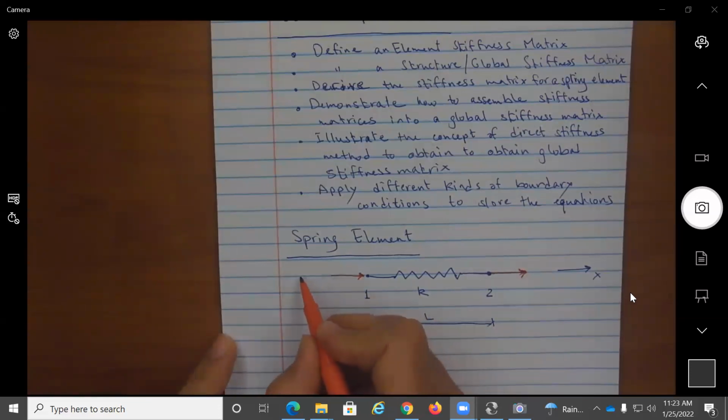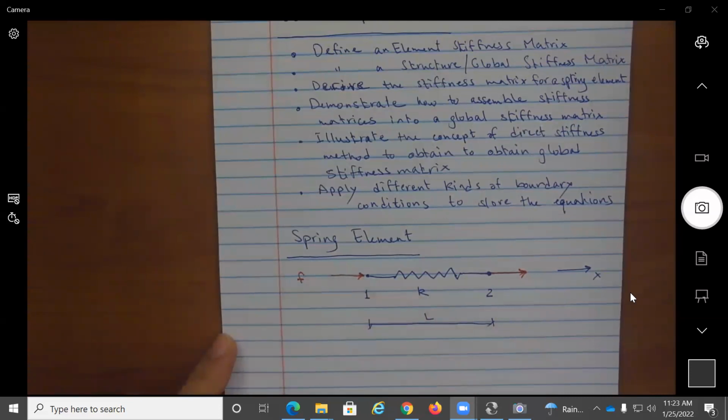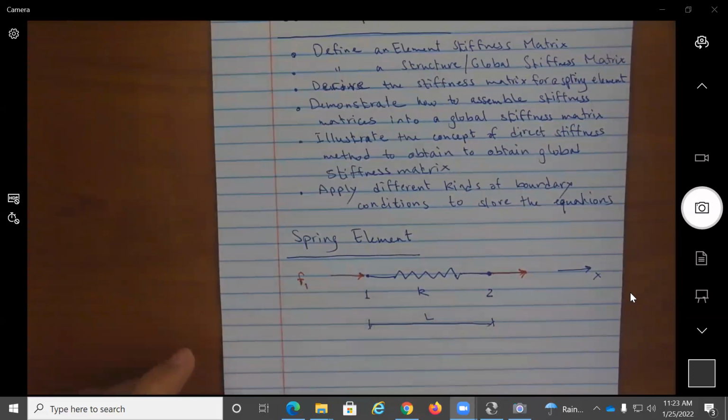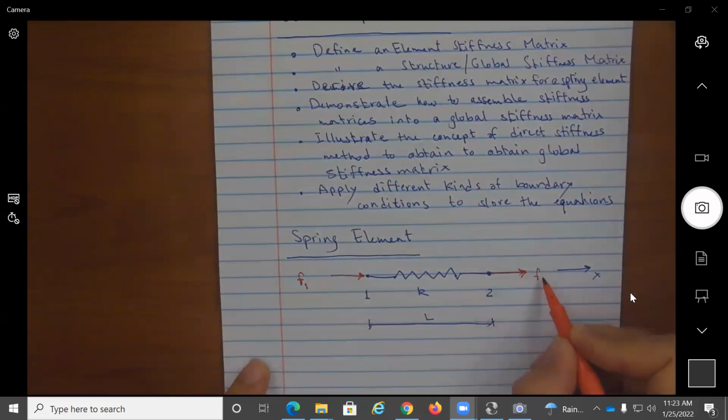I'm going to call this force 1, and this force 2.